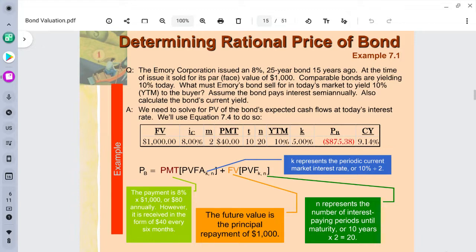So what must Emory's bonds sell for in today's market to yield 10% to the buyer? In other words, what is the price when you use 10% as the discount rate? Assume the bond pays interest semiannually, of course, bonds are all semiannual, right?